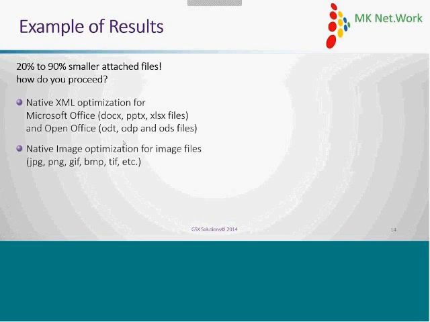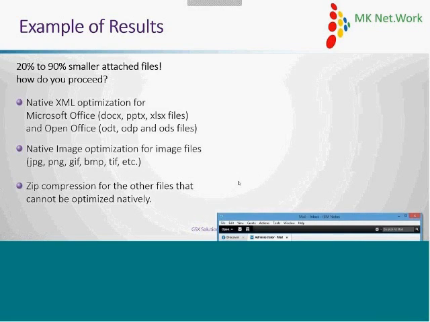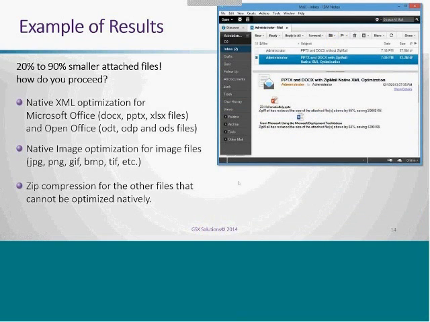We'll do that in the demo. The original file and the native file, and you will see no difference. With the other files, other than XML files and image files, that cannot be natively optimized, we can zip compress them to reduce their size.